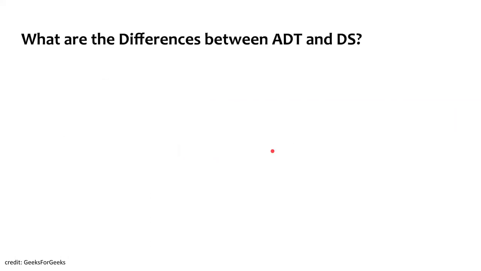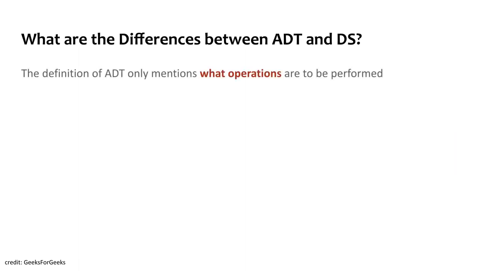So let's differentiate abstract data types and data structures. The definition of ADT only mentions what operations are to be performed. So here, I'm emphasizing what, but not how these operations will be implemented.